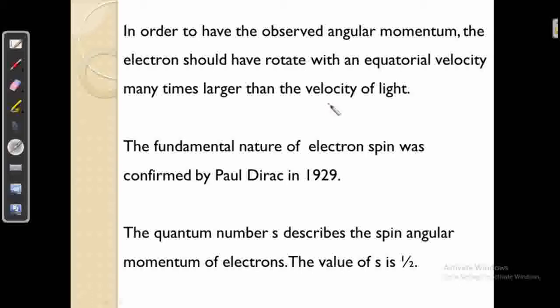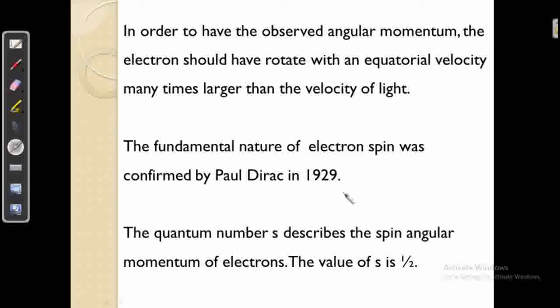Only then will the theoretical value match the observed value of the angular momentum. So the concept of charged sphere is incorrect, but the concept of spin was correct.